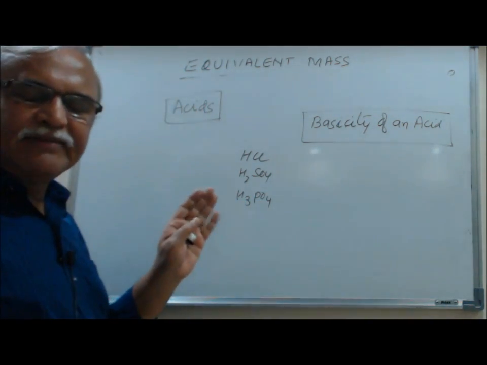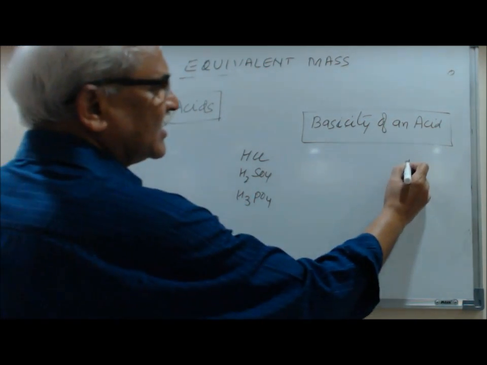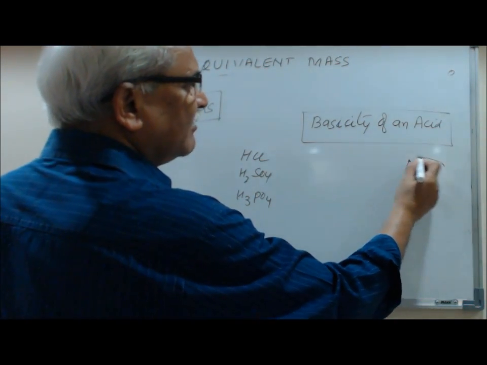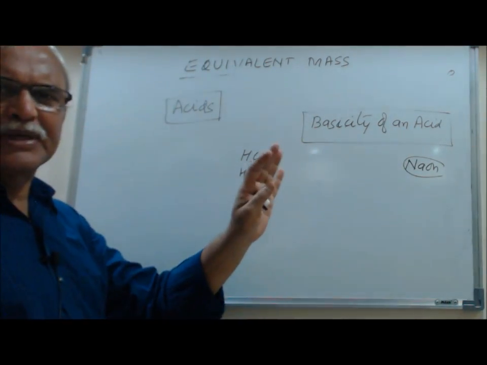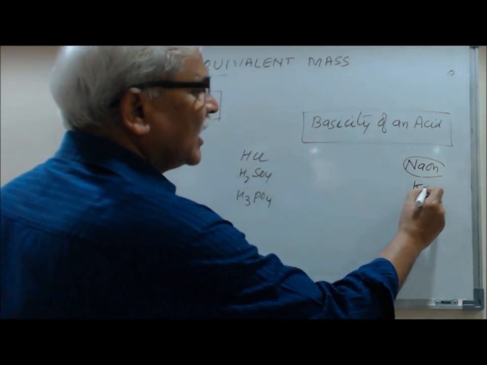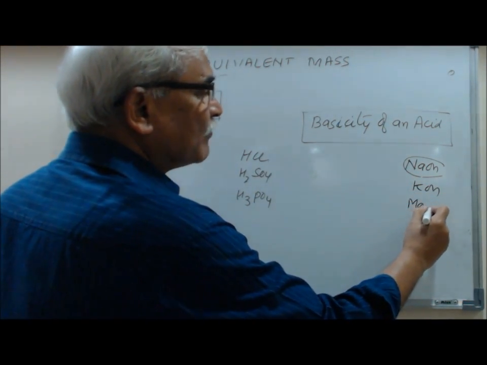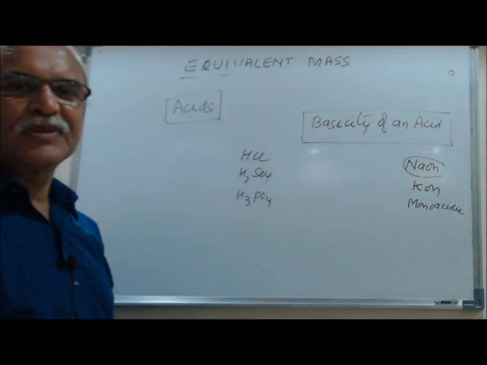We reacted the acid with a monoacidic base like NaOH. At the moment, we shall not talk about the acidity of a base. It will become clear. Just have some patience. Just have a starting point. NaOH or KOH are called monoacidic bases.